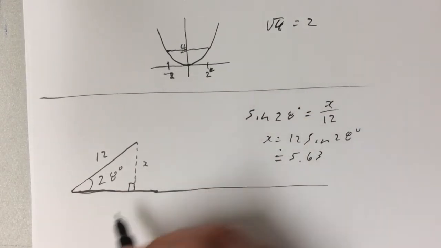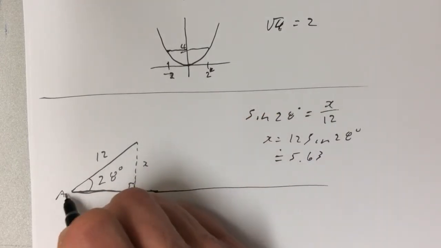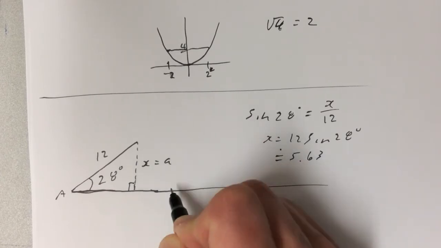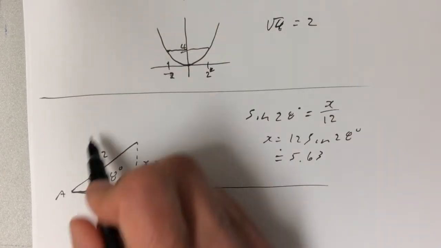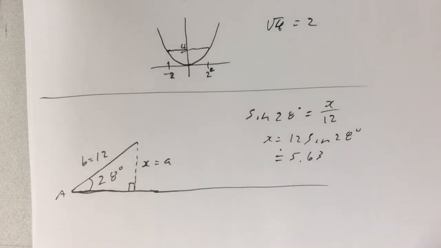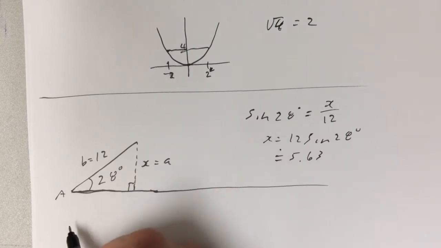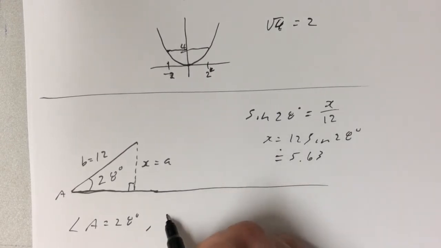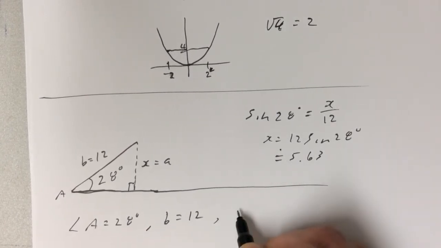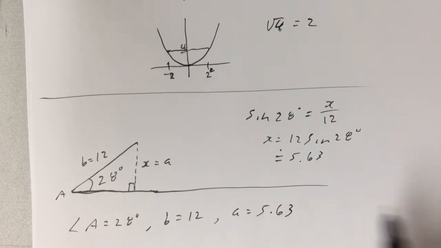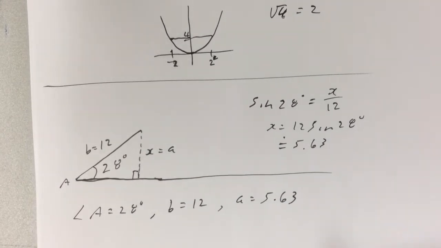Now if I gave you the list here, say this is angle A, then this x would be side A. And let's call this side B. So if I gave you these numbers, angle A equals 28 degrees, B equals 12, and A equals 5.63, then you'd have a triangle, and it would be a right triangle.